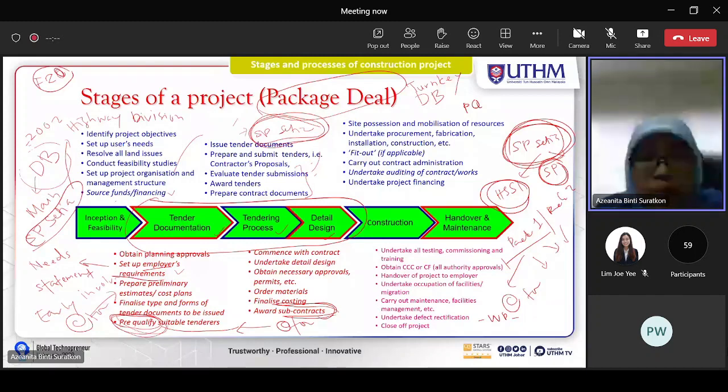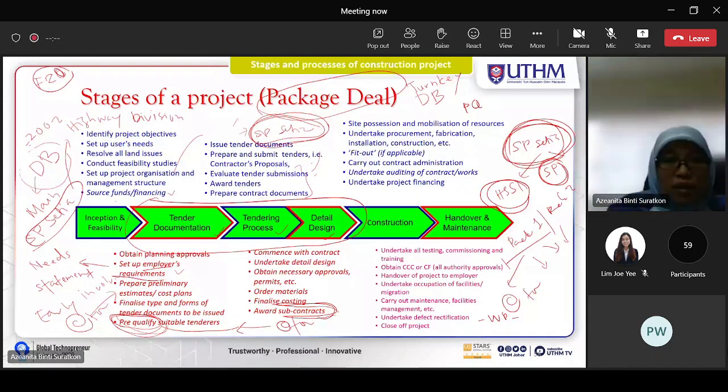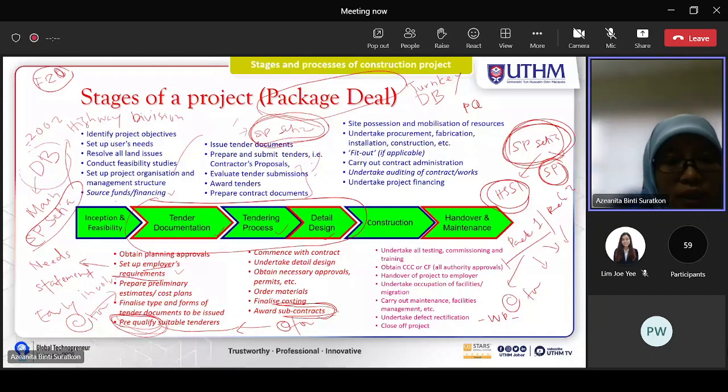Okay, the client here, I will re-explain. Here, the tender documents. The consultant involved will help the client prepare the documents before they call for the main contractor. Then here, pre-qualify suitable tenderers.